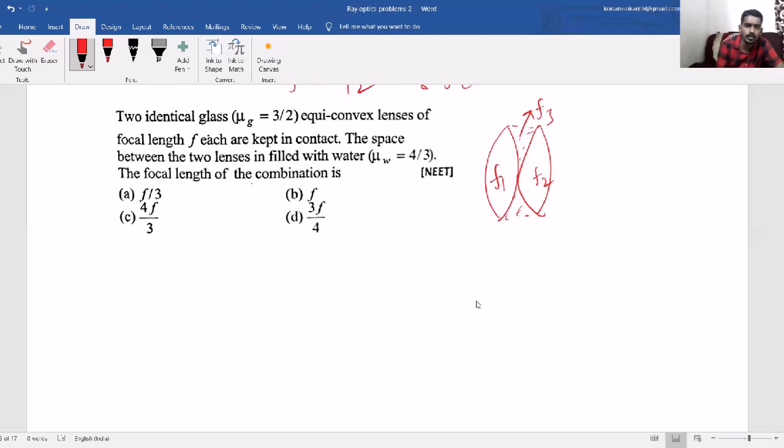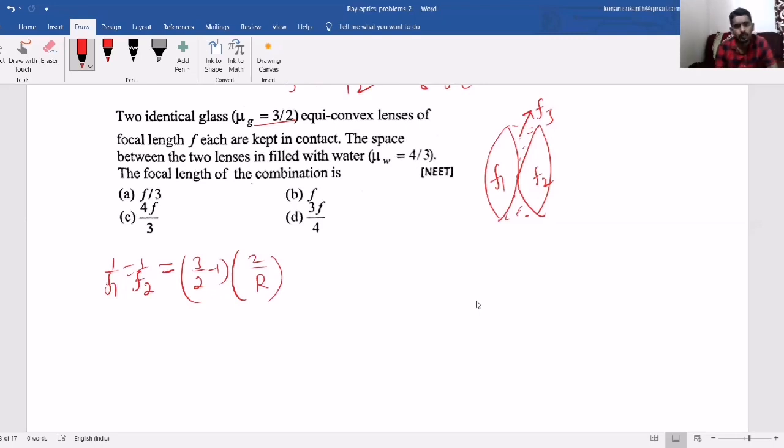If you first consider the convex lens, 1 by f1 or 1 by f2, you take anything, both are the same, which is mu minus 1 into 1 by r1 minus 1 by r2. Mu is 3 by 2, so 3 by 2 minus 1 into 1 by r1 minus 1 by r2. As both are equiconvex, I can take it like 1 by r minus 1 by minus r, so that will become 2 by r.